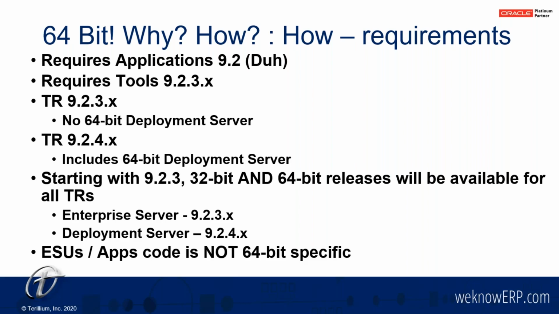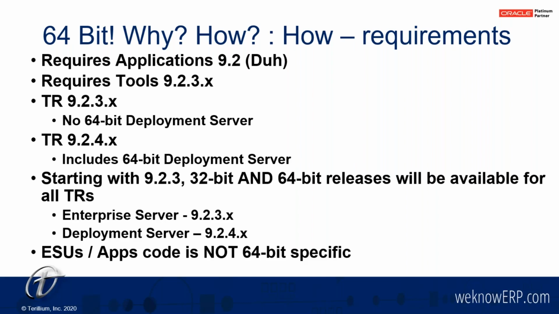The tools version has to be 9.2.3.X. Now, 9.2.3 will contain everything but the deployment server in 64-bit. If you go to tools 9.2.4, that level will also give you the option of a 64-bit deployment server.